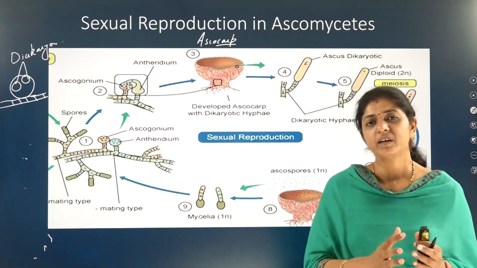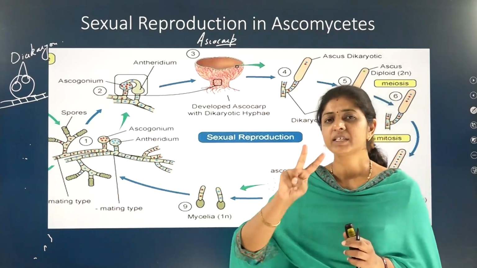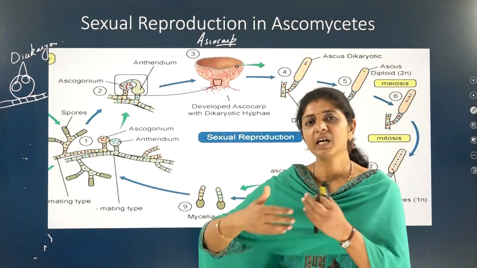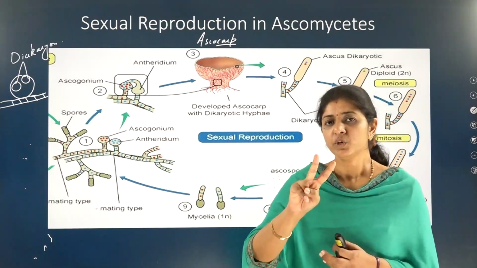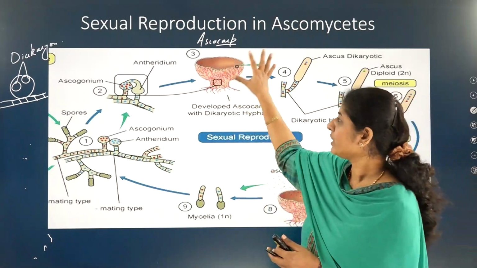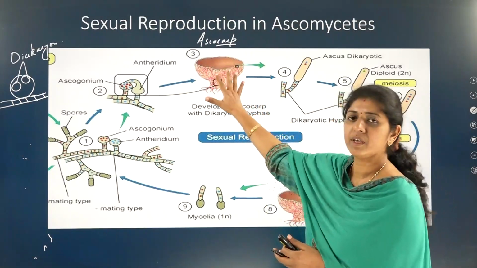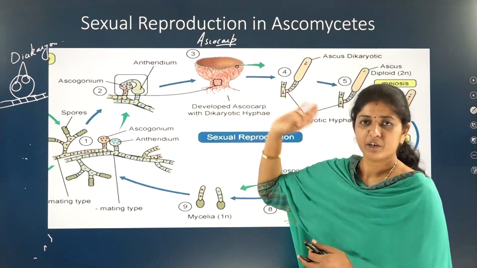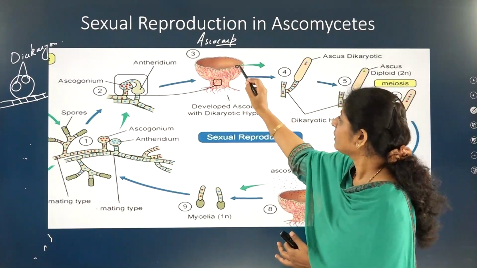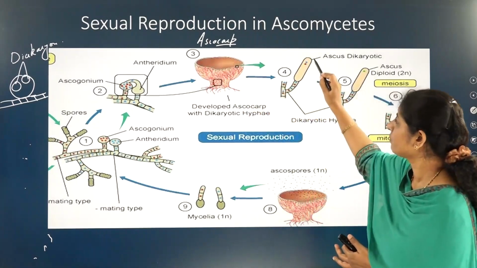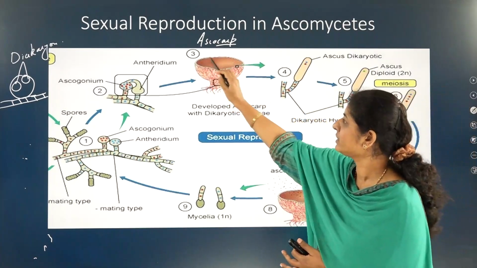How has it been created? From a cell which is carrying two nuclei, it repeatedly undergoes mitosis. So every cell is having two nuclei. So can I say it is a fruiting body? Every cell is having two nuclei. Keep that in your mind, right? Now what will happen? Suppose they are taking only one cell out of it in the ascocarp at its tip.